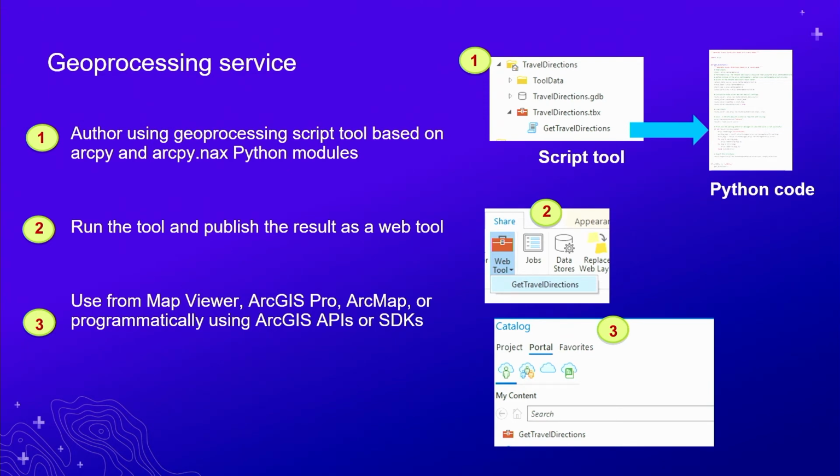Once you have this script tool, you run it in ArcGIS Pro and publish the result as a web tool. Once you have published the result as a web tool, you have a geoprocessing service that you can share with others, and then you can start using this geoprocessing service from applications such as Map Viewer, ArcGIS Pro, ArcMap, or programmatically using ArcGIS APIs or SDKs. So those are the 3 steps. You author your geoprocessing script tool, you publish that, and then you use.